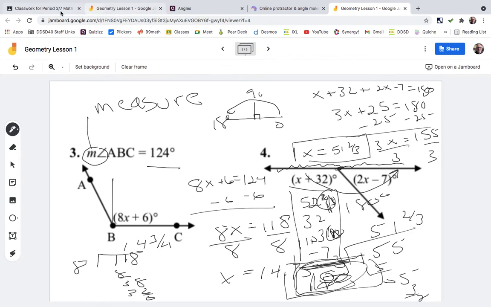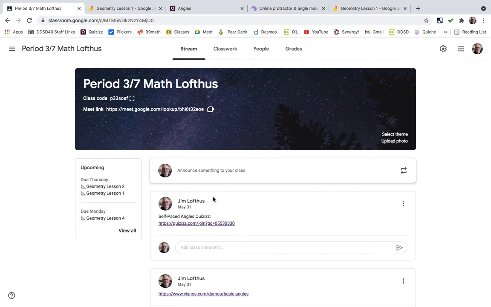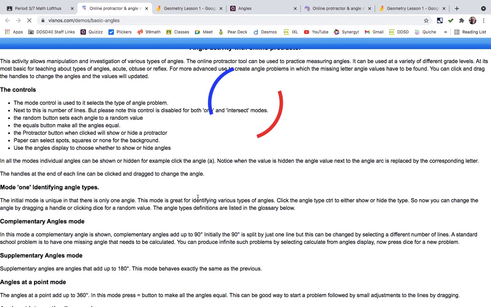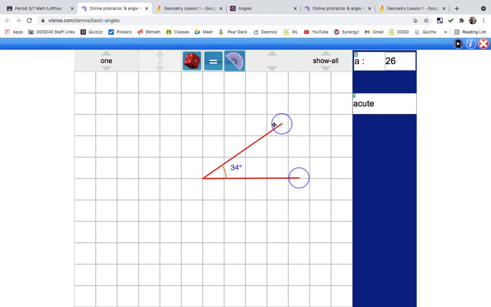And then the last thing that I want to do is go to the stream, to this tool here that we went to today, and just make sure that everyone understands how to use the parts of this tool. You can drag these around, make angles. That's an acute angle. That should be a right angle. Once we get it right up there to 90, right angle, obtuse, straight angle.